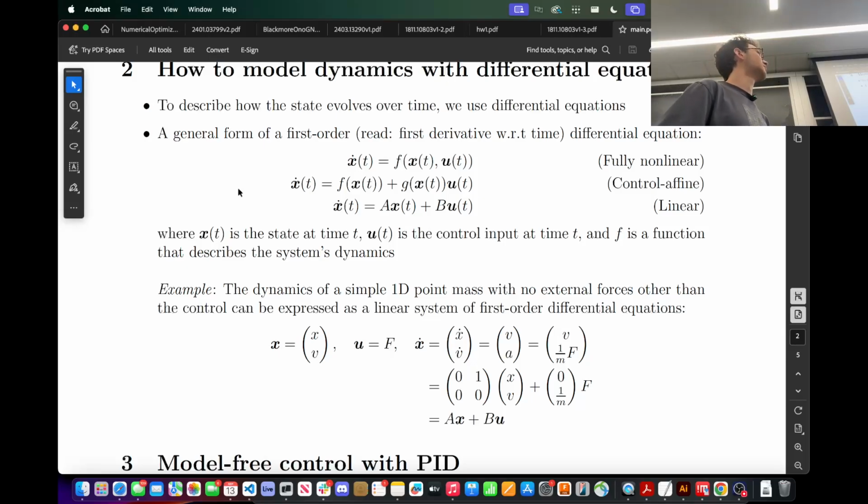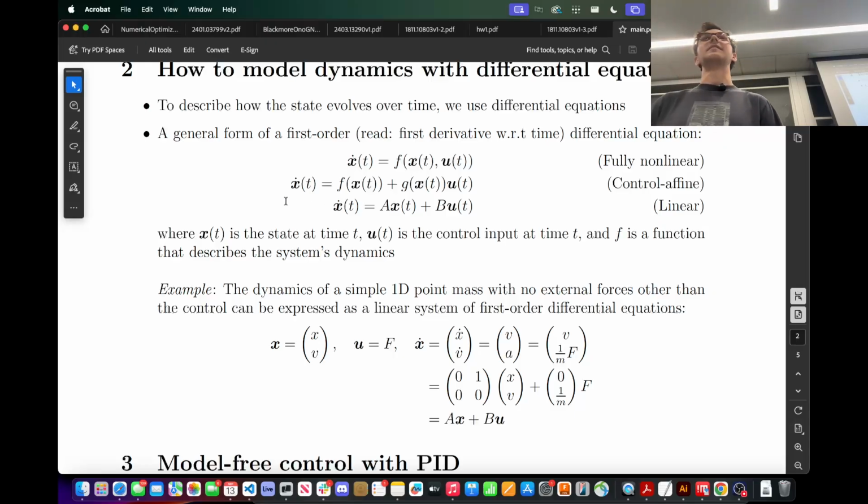Doing control with fully nonlinear systems is a very active area of research. The humanoid robots that you see today, or quadrupeds, whenever you deal with contact mechanics, friction, all of this stuff are nonlinear phenomena that are going to be modeled in this first type of way. And so the techniques that you use to control systems that are described like the first thing versus systems that look like the third thing are very different.